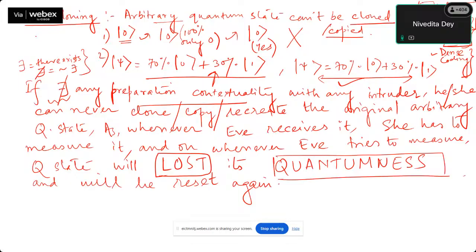So that is the proposition for the no cloning theorem.